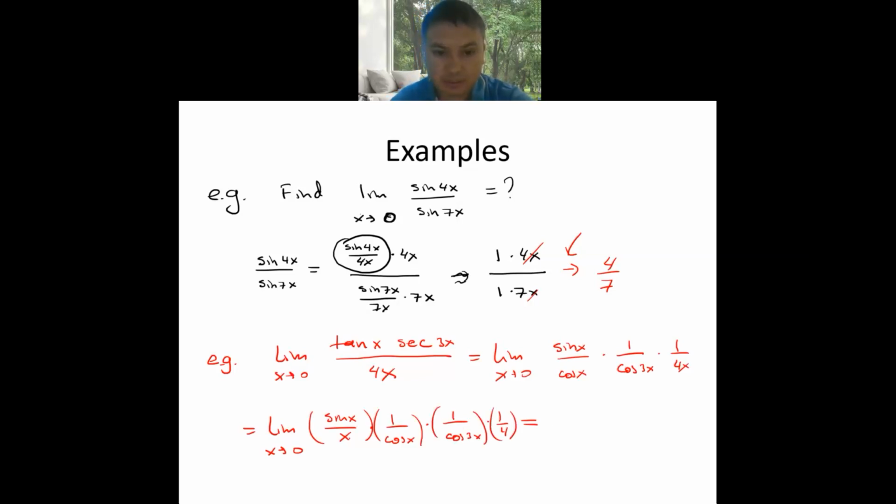Sine x over x, because x goes to 0, is 1. Be careful, sine x over x goes to 1 only when x goes to 0. If x goes to somewhere else, it's not 1 anymore. Cosine x goes to 1, so this is 1 over 1. And cosine 3x also goes to cosine 0, so it's also 1 over 1. Here is 1 over 4. So the answer is 1/4. Okay, so I'll stop here.